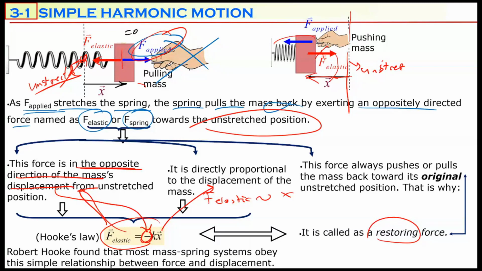This force is doing the same thing. When the object is displaced away from the equilibrium position by your hand, this force wants to take the object back to its original unstretched position. That's why its name is restoring force. If they ask you what the restoring force for a mass spring system is, your answer will be the elastic force, or another name, spring force.